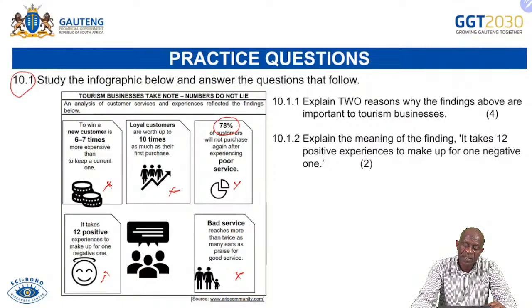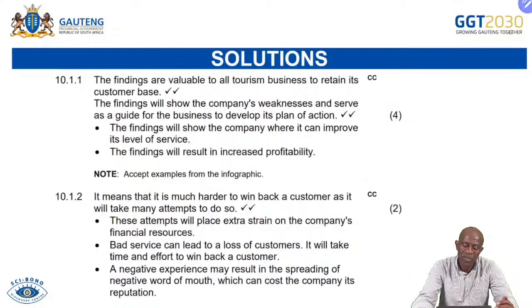The finding that to win new customers is 6 to 7 times expensive. Poor service delivery makes you lose 78% of your client base. And it takes 12 positive experiences. So it says explain 2 ways why the findings above are important to tourism businesses. Let's look at the answers.